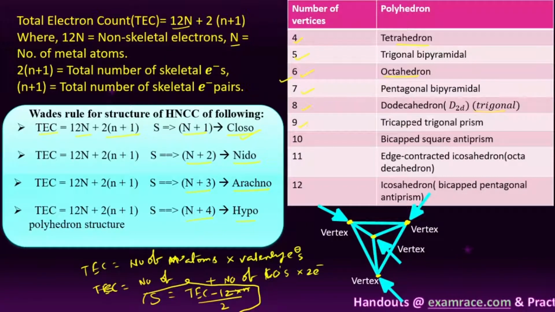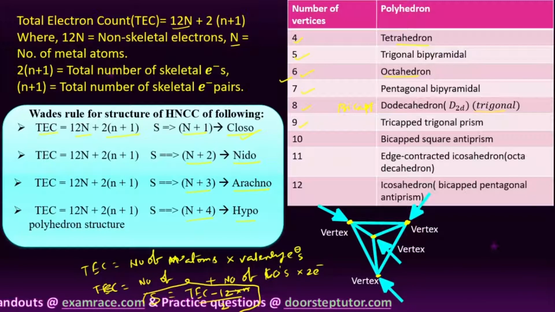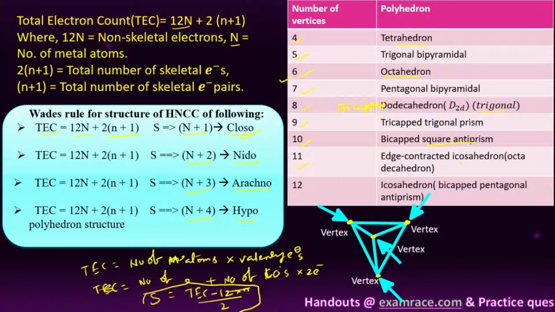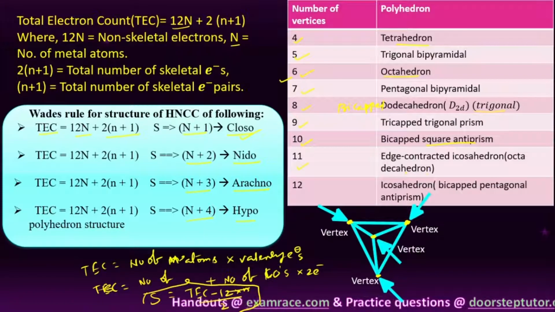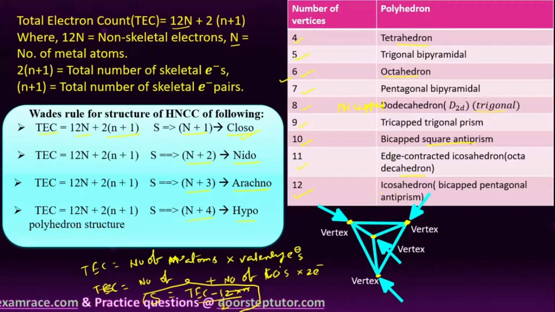With 9 vertices, it is a tricapped trigonal prism, or we can call it a monocapped square antiprism. With 10 vertices, it is a bicapped square antiprism. With 11 vertices, it is an edge-contracted icosahedron. With 12 vertices, it is an icosahedron.